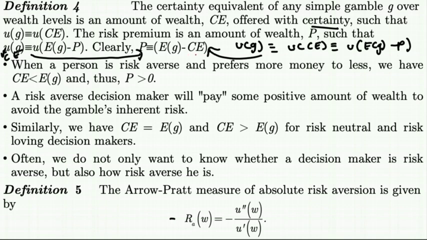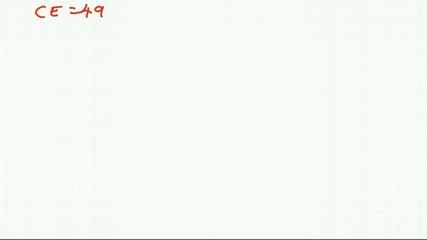We know the certainty equivalent is 49. We don't know the risk premium value. We still have yet to find the expected value of a gamble or wealth or lottery. Okay. So now, because CE has been found, we need to find E(W), isn't it?